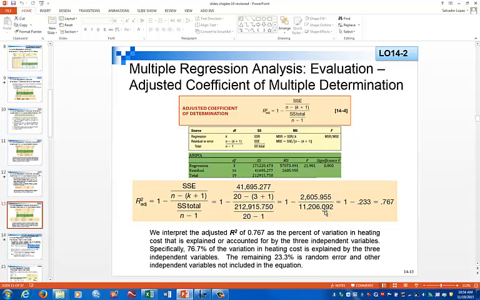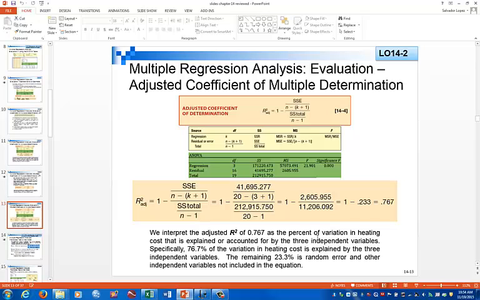So when you calculate, the adjusted R squared is equal to 1 minus MSE over MS total. 1 minus MSE, we know that it's right here, 2605.955, divided by the MS total, which is a new calculation, just dividing the SS total by 19, which is here in the denominator. And you get 1 minus 0.233, which is equal to 0.767, the adjusted R squared.